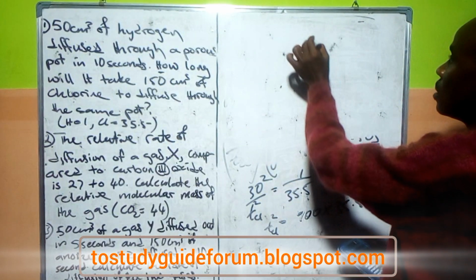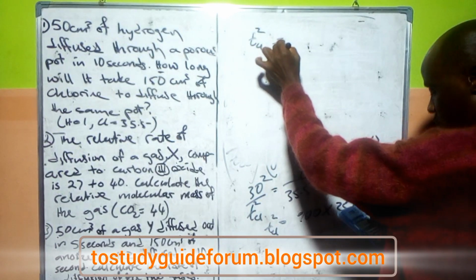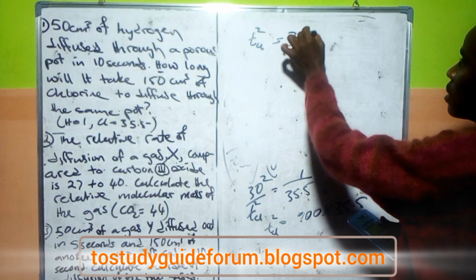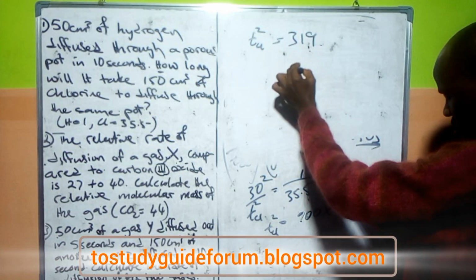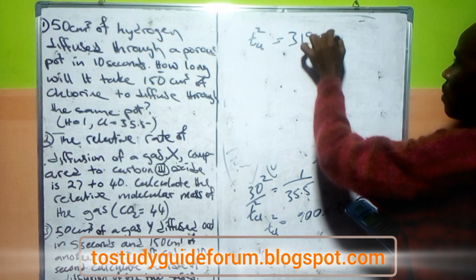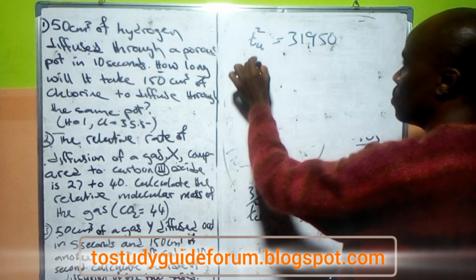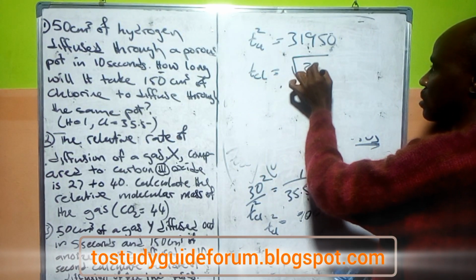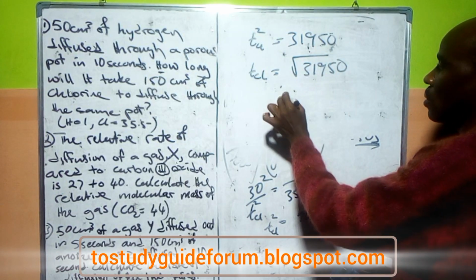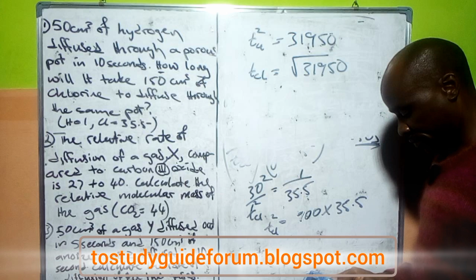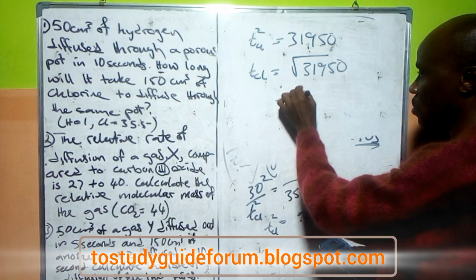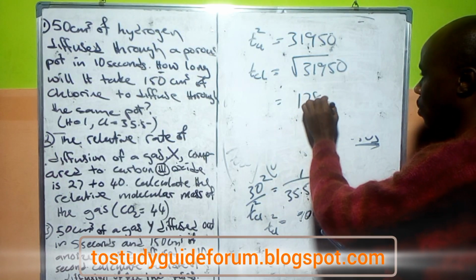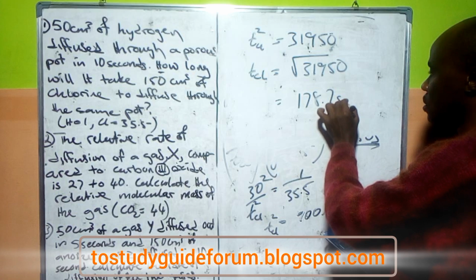So now to get the time of diffusion of chlorine, we take the square root of this, and what we have is equal to 178.7 seconds.